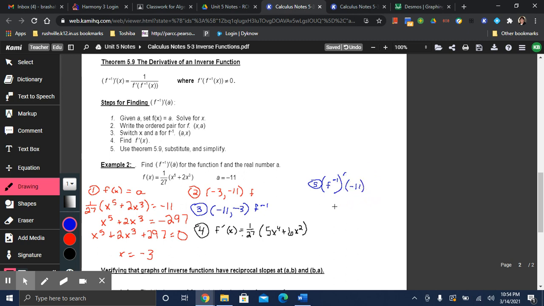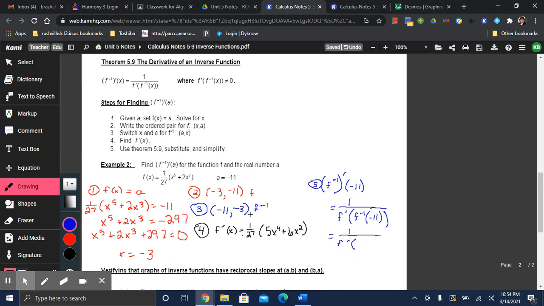That is equal to 1 over f prime of f inverse of -11. Now that looks like a really difficult thing, but it isn't. You just have to get used to the symbols. So this is really 1 over f prime of, and then f inverse of -11.